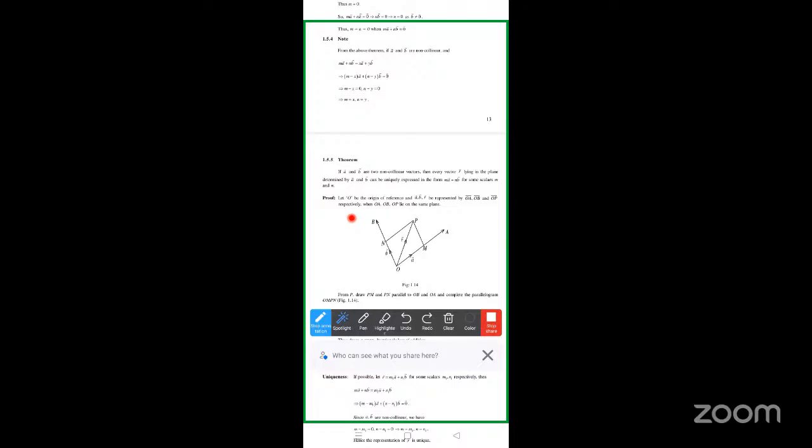Then OA, OB and OP lie on the same plane. So in the diagram, this is B, this is A, and this is position vector R.